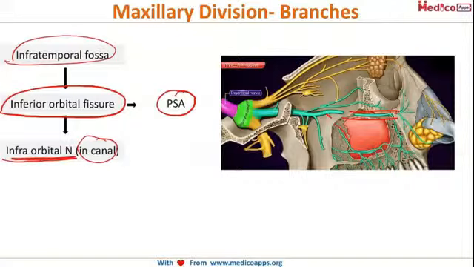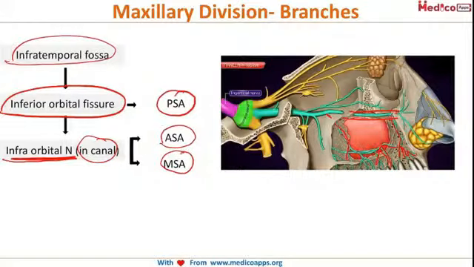Now this nerve gives out two more branches called the anterior superior alveolar and the middle superior alveolar branches. So here we have this nerve giving out the anterior superior alveolar branch and the middle superior alveolar branch here, and this, as we learned, was the posterior superior alveolar branch.